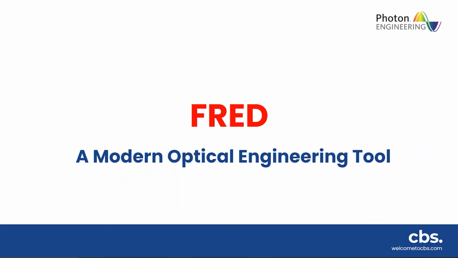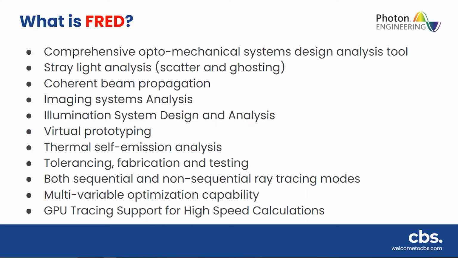For those of you that are new to Fred, first of all, just a very quick overview of what Fred is. Fred is a comprehensive optomechanical ray tracing software package that can be used to solve a vast number of different problems. Straylight analysis is the topic for today and is also the thing that Fred is actually used very often for.